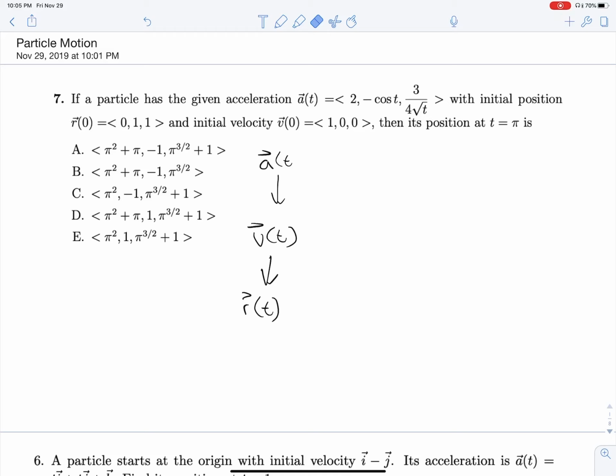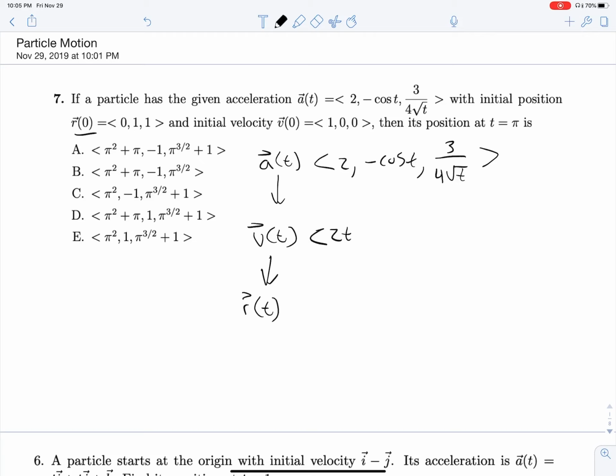So we see that our a of t in this first example is 2, negative cosine t, 3 over 4 root t. And so we can integrate this to find our v of t, which will be 2t. And I'll just do this each step of the way.